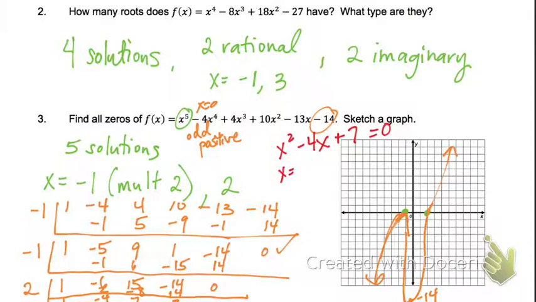So x is equal to -b plus or minus square root b squared minus 4ac all over 2a. 16 minus 28 is -12. How do I simplify the square root of -12?